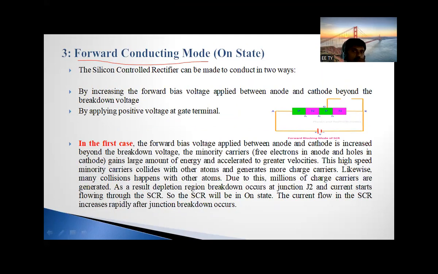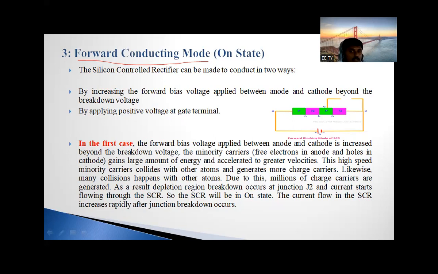So to make the on state of this thyristor, thyristor को on करने के लिए क्या करना चाहिए? Here we have two methods to turn on the SCR. Forward conducting mode में लाने के लिए two methods हैं.